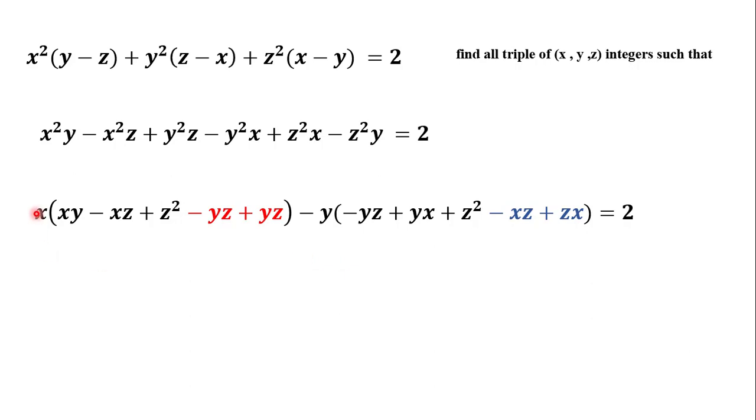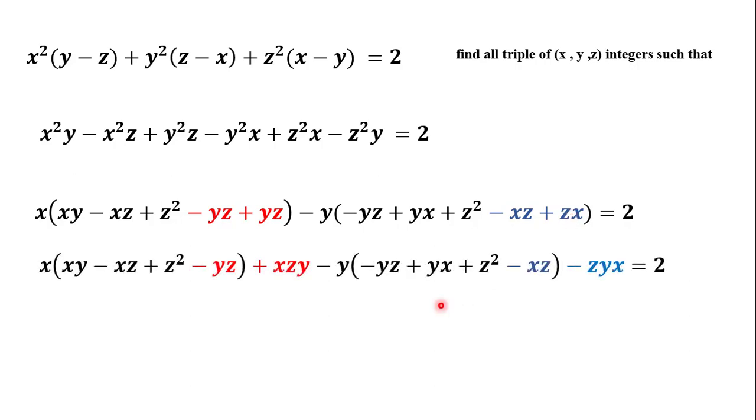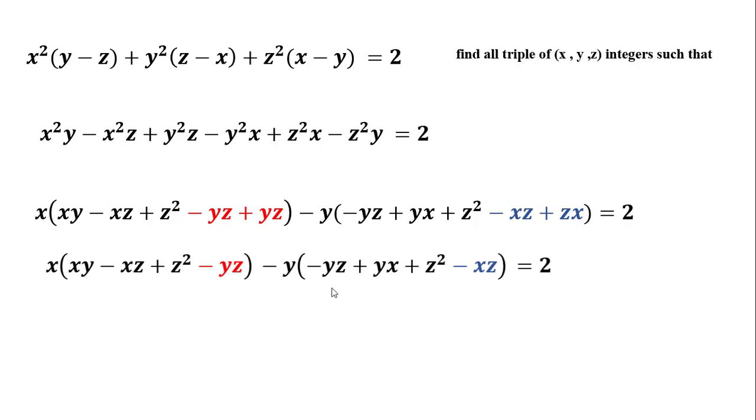Now we can multiply x by yz and minus y by zx. xzy and minus zyx are going to cancel out. And as you can see, we get the same expression in the first parenthesis and the second parenthesis.